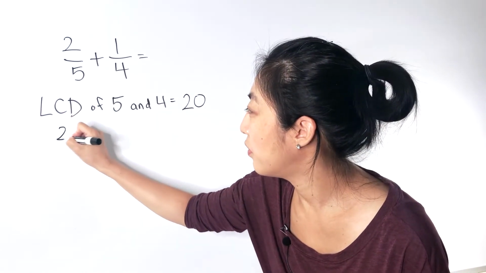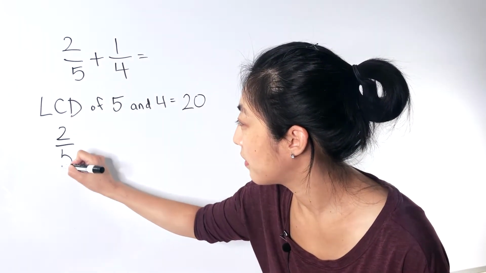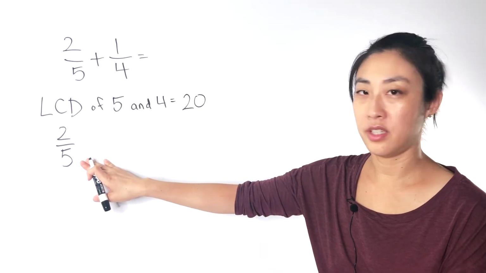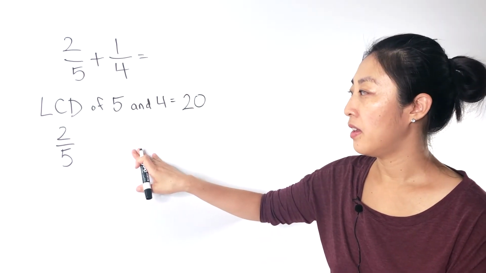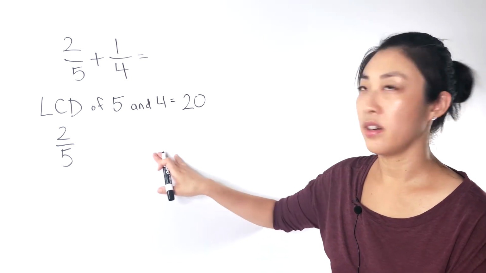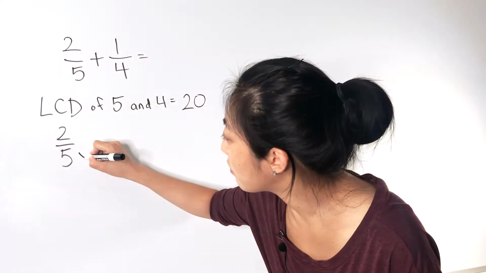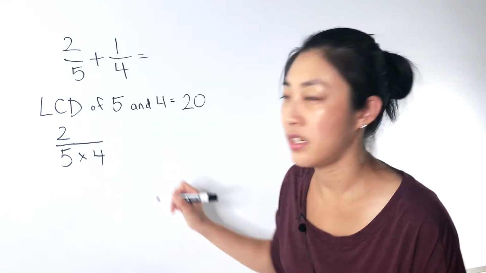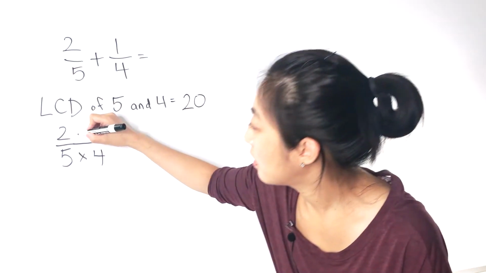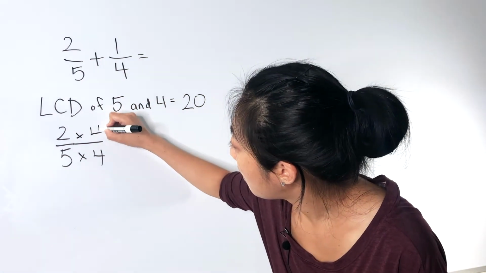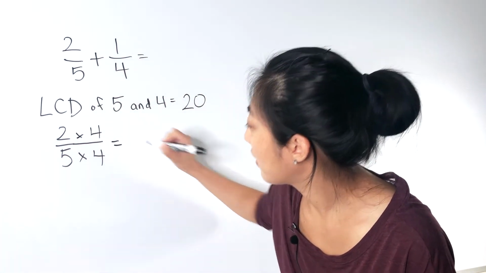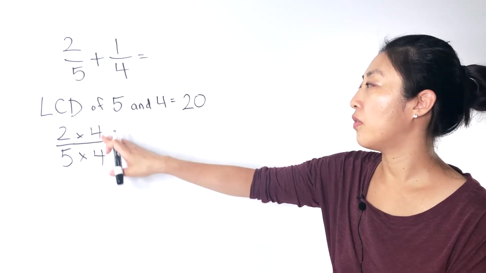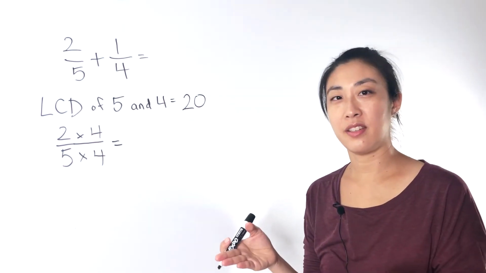We have 2/5 right here, and we want to make the denominator 20. 5 times 4 is 20, so we multiply the denominator and the numerator both by 4. The reason this is okay is that 4 over 4 is essentially 1.